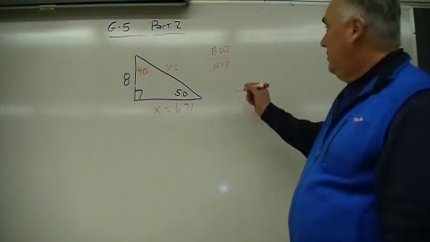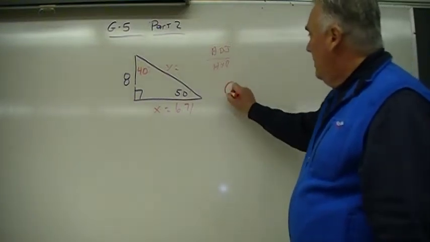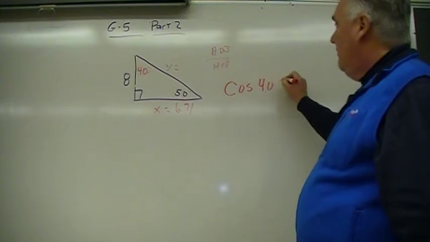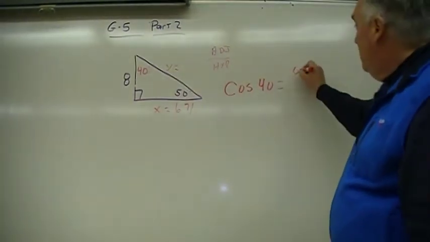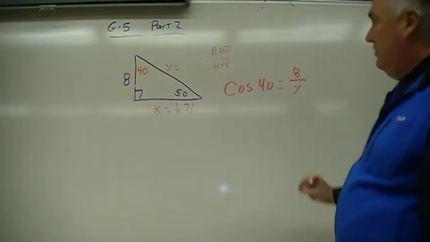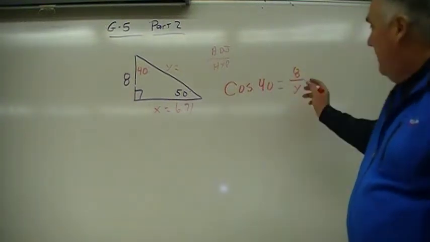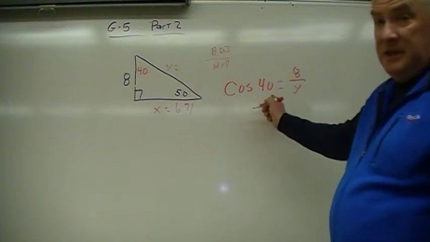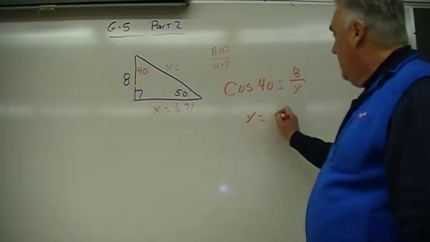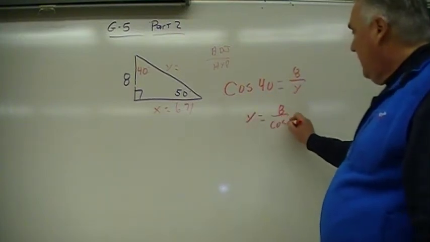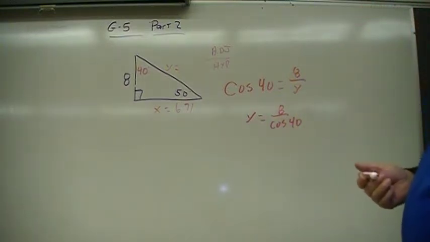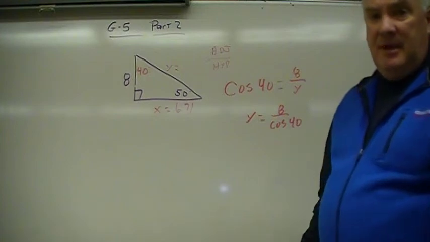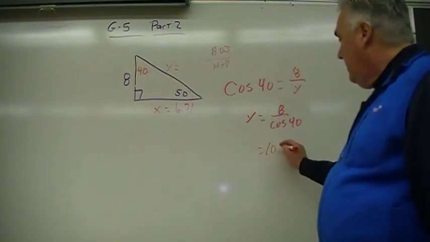Cosine is the relationship. So I could have done cosine 40 equals adjacent 8 over hypotenuse y. And then swap these out because this is in the denominator. Y equals 8 divided by cosine 40. And if you did that math, you would get the same answer, 10.4.